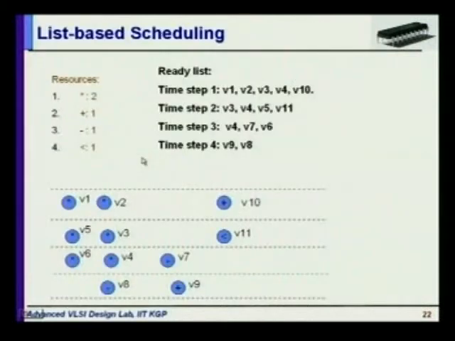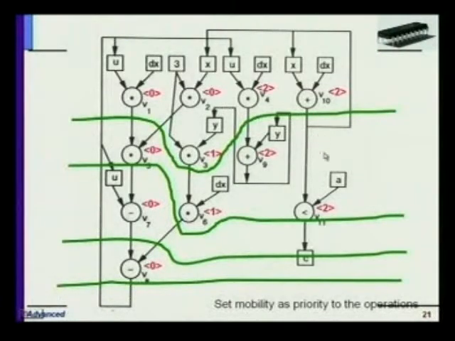So you again compute your ready list: V3 and V4 are already from the previous list, V5 is now ready due to V1 and V2, and V11 is ready because V10 is now executed.